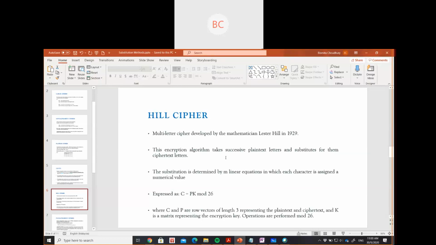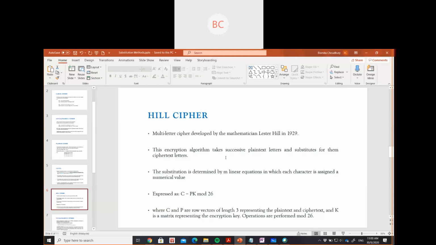So what it does, it simply takes m successive plain text letters and substitutes for them m ciphertext letters. That means if there are m number of letters, say 5 letters, for the 5 plain text letters there will be 5 ciphertext letters. And the substitution will be determined by m linear equations.